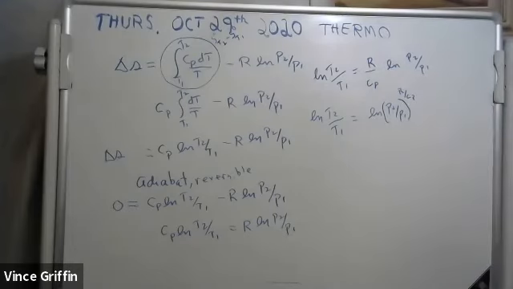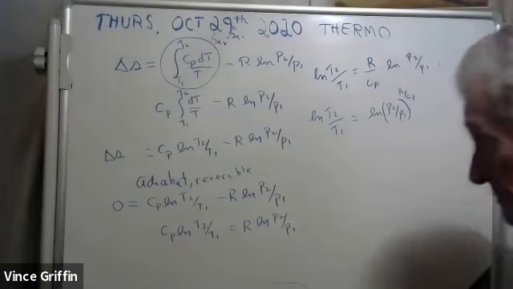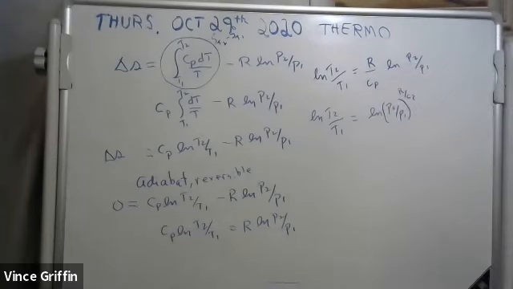I did kind of a tricky little algebra step there. Can you get to there? It's one of those things they teach you in calculus. We're going to come up with a real nice equation here in just a minute.